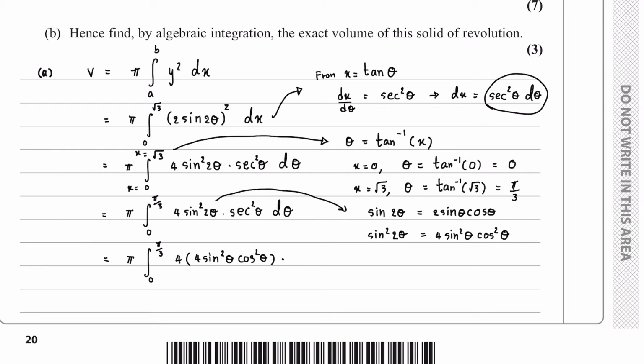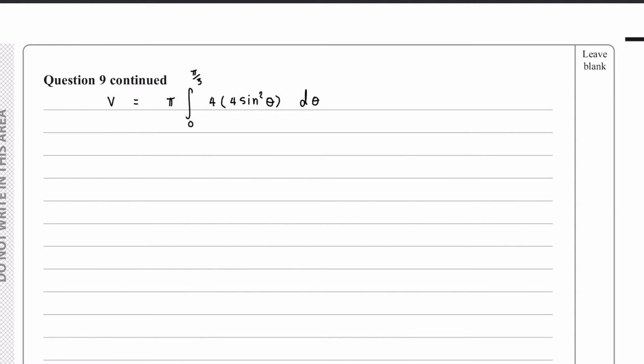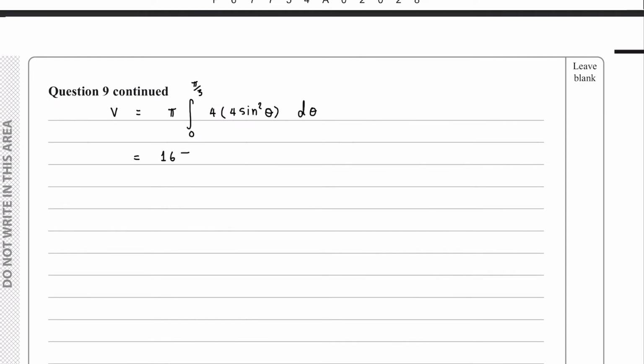We know that sec squared theta is 1 over cos squared theta. So we write it down here, 1 over cos squared theta and d theta. Now you can see that these two terms can be cancelled. Here is what we have left. This term and this term are constant terms, so we are going to factorize them out. So then we have 16 pi and sine squared theta d theta.